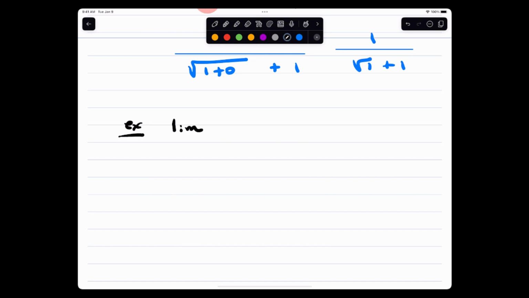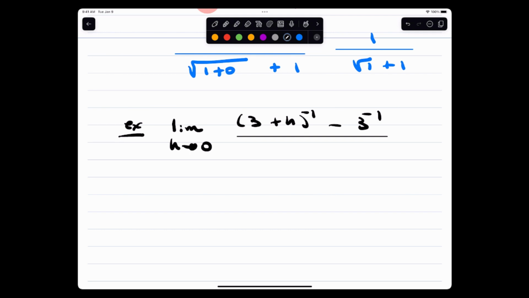Say they give me a limit like this. They like using h. There's a very good reason. Okay, so by direct sub, wherever there's an h, you plug in a 0.